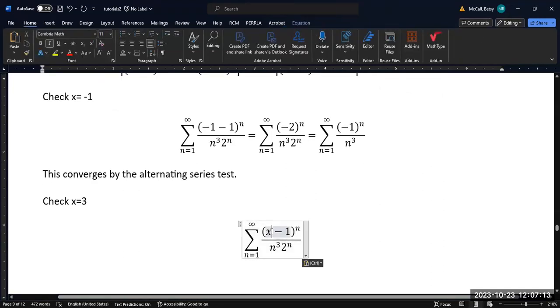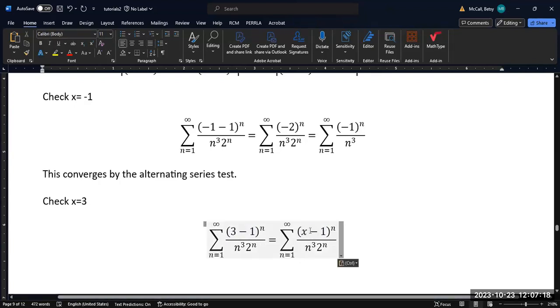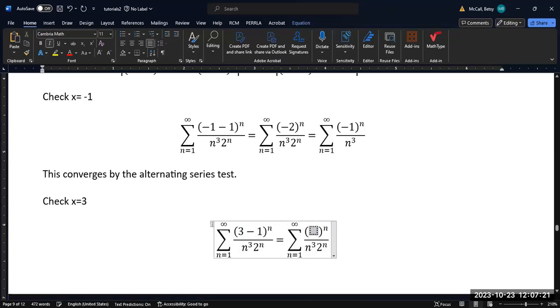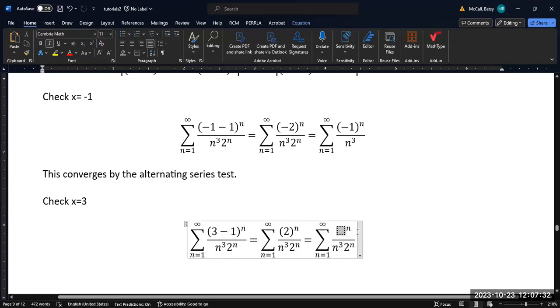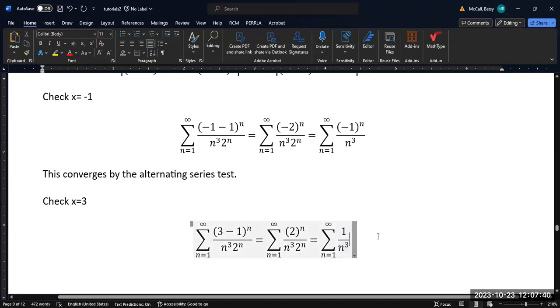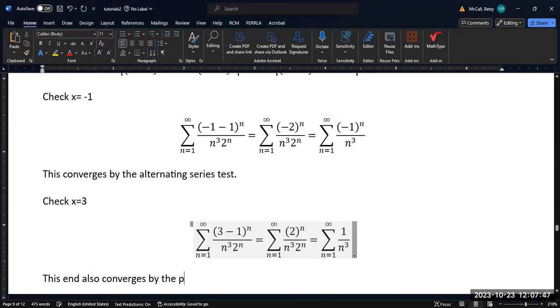But when x is equal to 3, this will become 2 to the n, and 2 to the n cancels with the 2 to the n in the bottom, and this just becomes 1 to the n, obviously, which is 1. And the denominator is just n cubed. But this end also now converges by the p-series test.